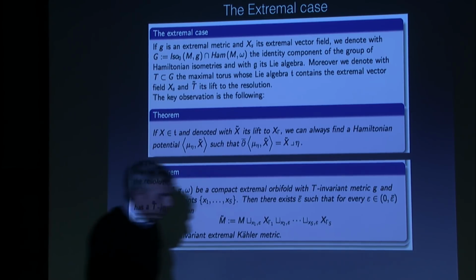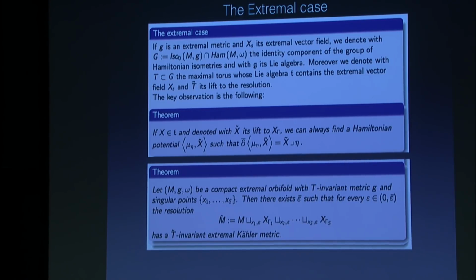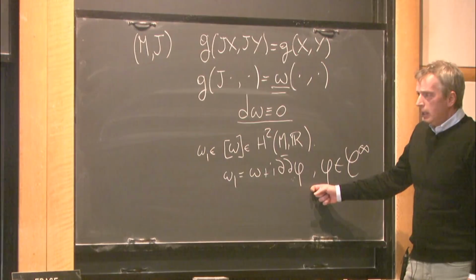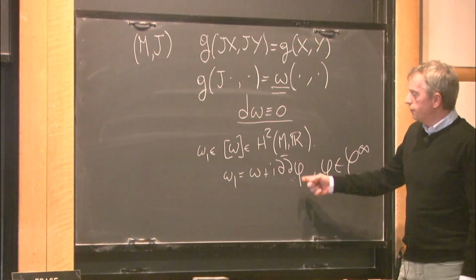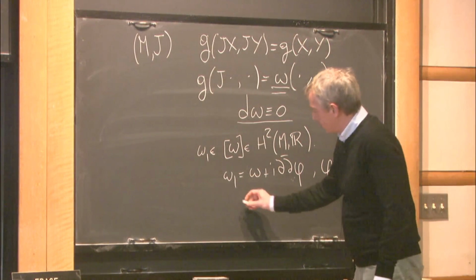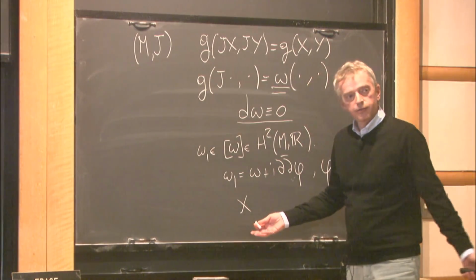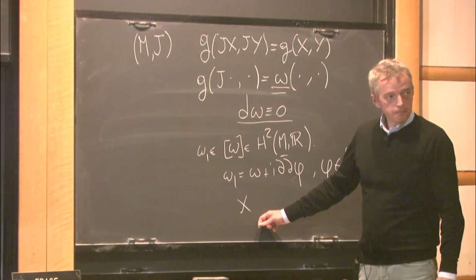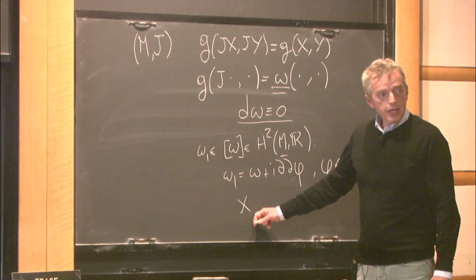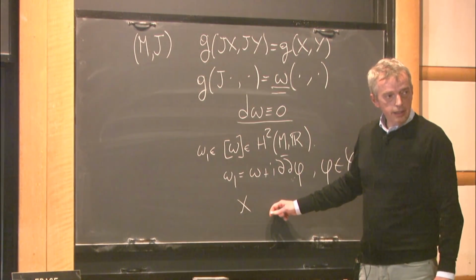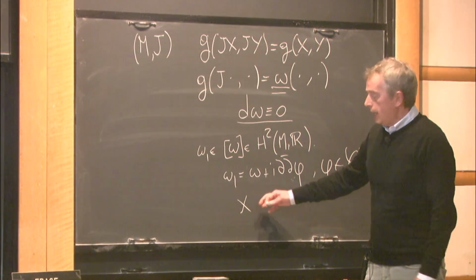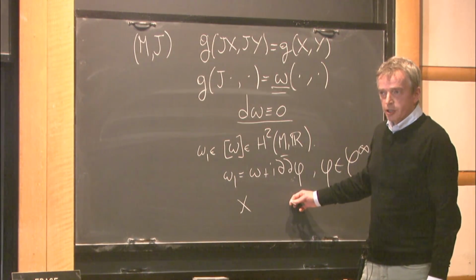Because remember this principle I mentioned to you, every problem in Kaehler geometry has to become a scalar problem. Well, that's clearly true for everything except for the vector field. I mean, a vector field is a vector field. There's nothing you can do about that, unless it's Hamiltonian. Okay, if it's Hamiltonian, it is given by the derivative of a function, and then you can look at the Hamiltonian potential of this function.